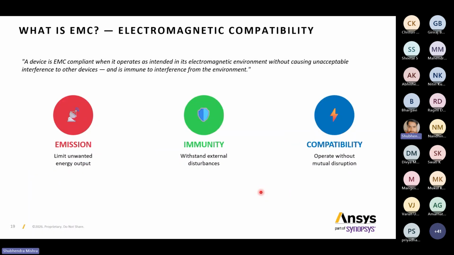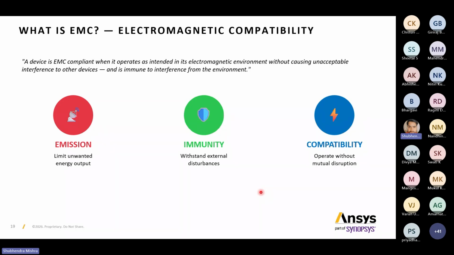Now when we talk about compatibility, electromagnetic compatibility tells you how compatible your device is to handle that. Just for example, I'm giving some power and some data to some device.